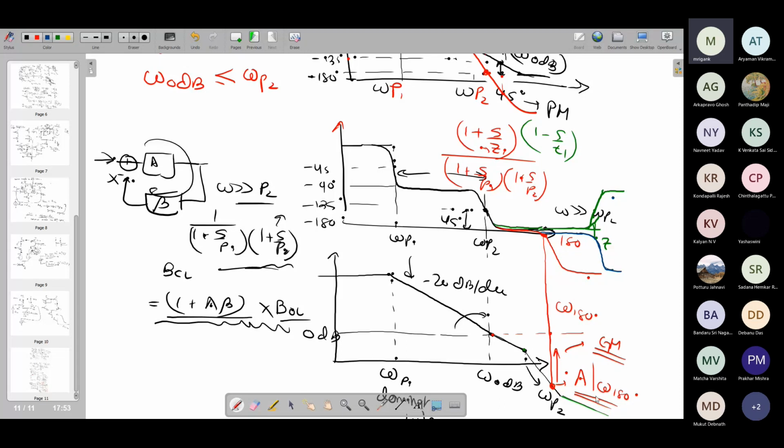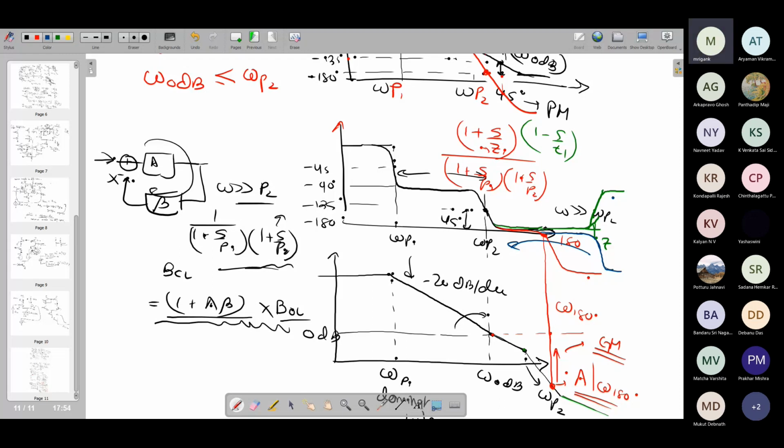So after the zero hits, the slope of degradation of the magnitude plot will also be lower. If it is already below 0 dB, it's still okay. But if the zero becomes closer to the upper two poles, omega p1 and omega p2, then it may create problems. This 1 minus s upon z1 will create problems, because it is going to make the phase more negative, and it is going to reduce the decay of the gain.